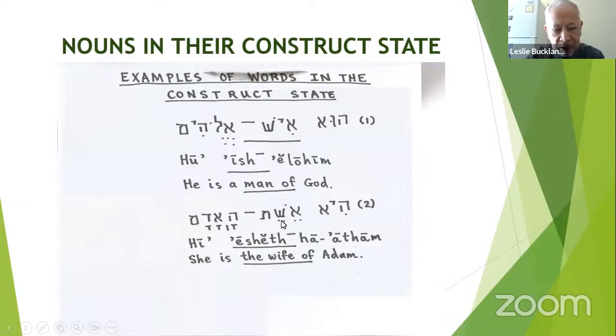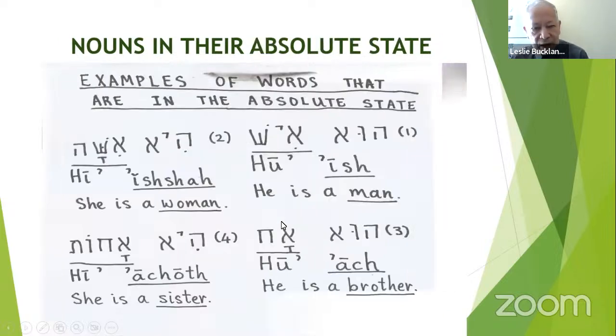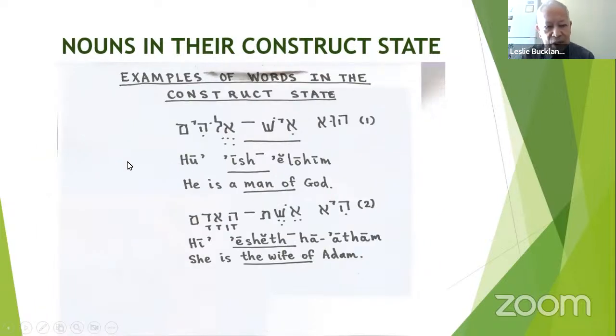It's not like the previous slide in which you have isha. When it is in its construct state, it is spelled like this: esheth. But in addition to that, we have the horizontal line placed to the left-hand side of the noun. And then you have the definite article, ha, and then you have another noun, adam.